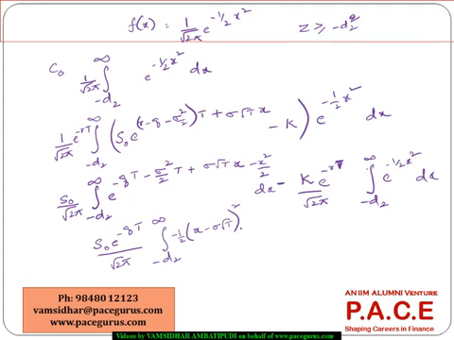So I can write this as e to the power of minus half x minus sigma root t whole squared dx, minus k by root 2 pi e to the power of minus rt, integral from minus d2 to infinity of e to the power of minus half x squared dx.